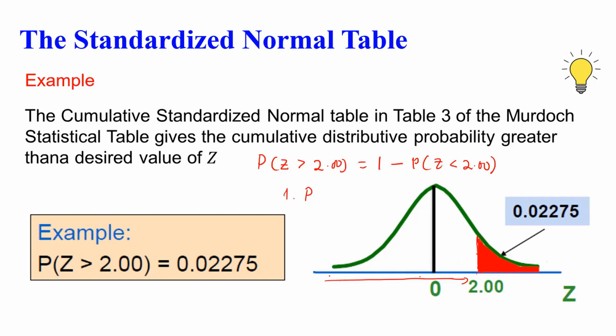If you get the value P(Z < 2), that means it calculates all over to this point. Then you subtract it from 1, and you get the remaining value, which is 0.02275.